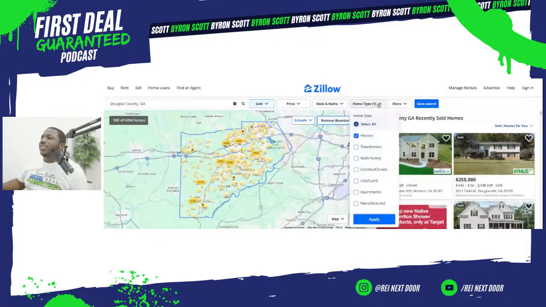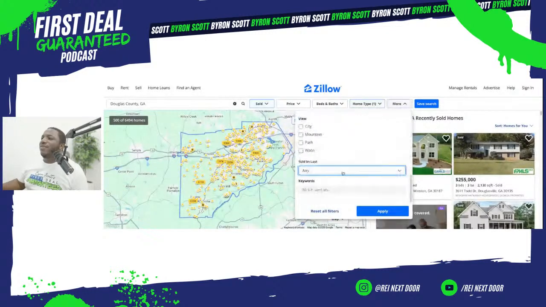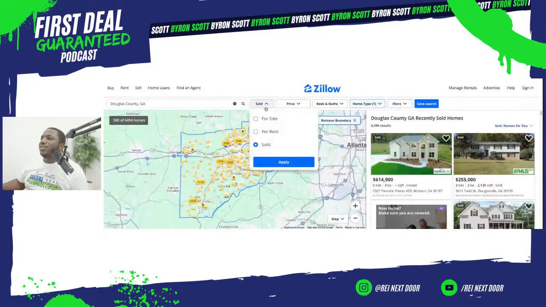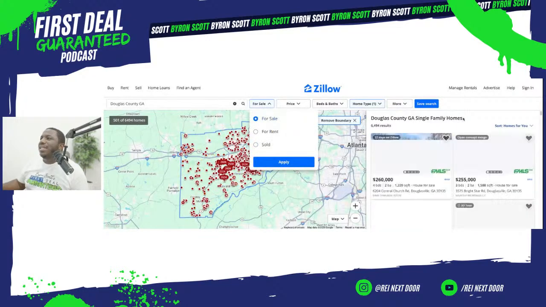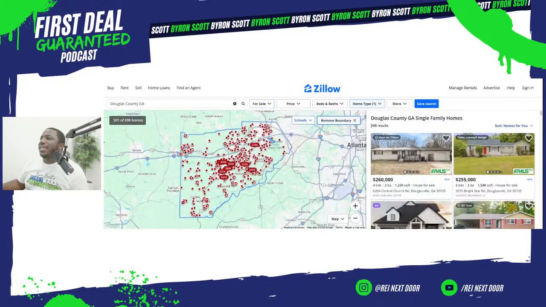How many properties do they have readily available for sale in Douglas County right now? So there's 698 properties for sale.